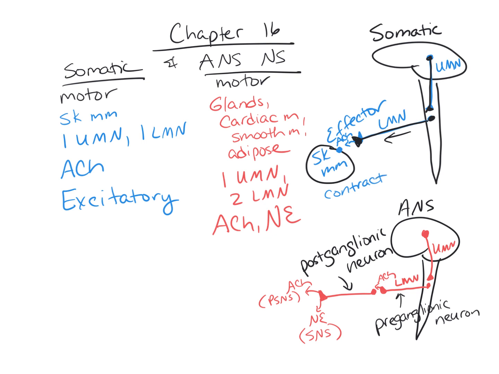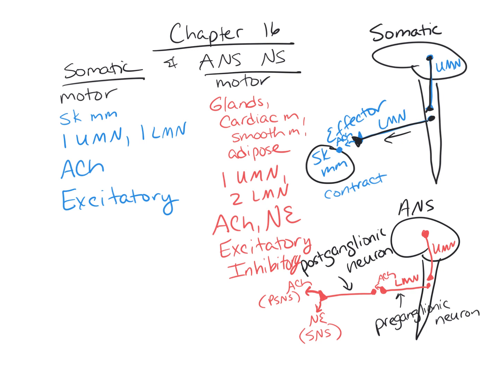With the autonomic nervous system, when acetylcholine is released, or if norepinephrine is released, it is sometimes excitatory and it is sometimes inhibitory. And that depends on what receptor ACH or norepinephrine binds to. So we'll discuss that as well.